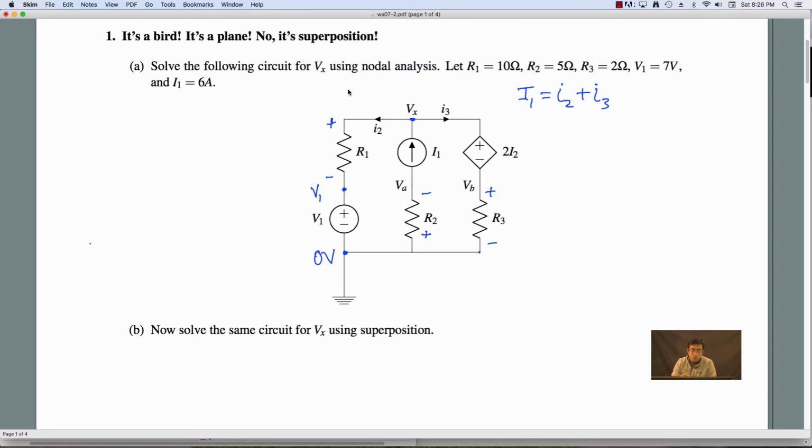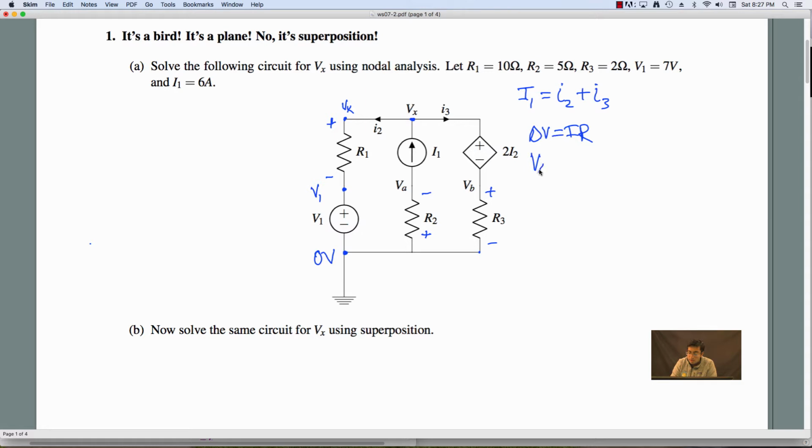As a refresher on Ohm's law, delta V is equal to IR. The voltage change across a resistor is equal to the product of the resistance and the current flowing through the resistor. The voltage at this point is Vx, which is the quantity we're searching for, and the voltage at this point is V1, which we found earlier.